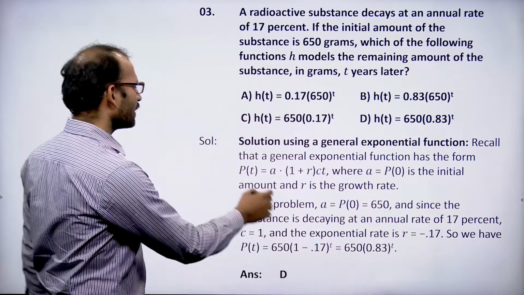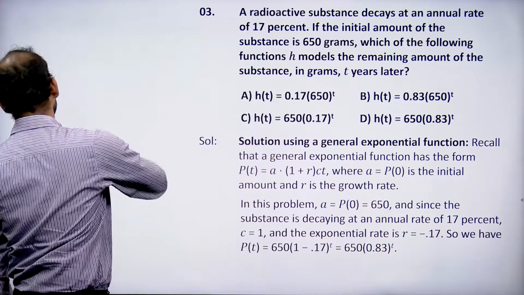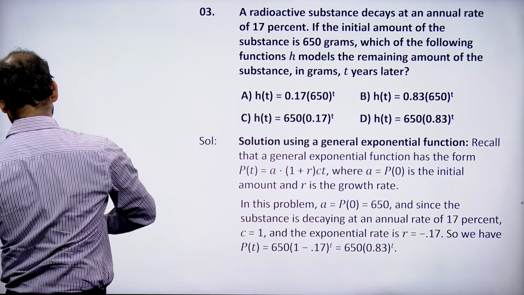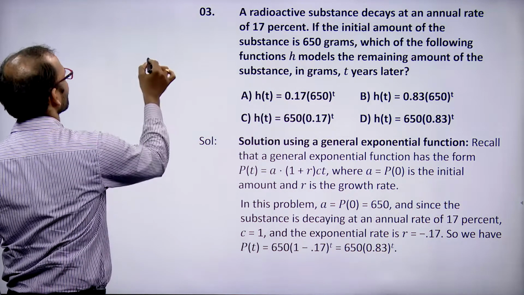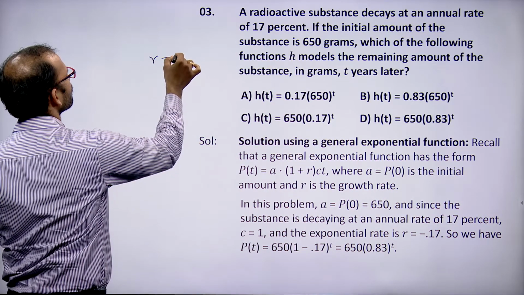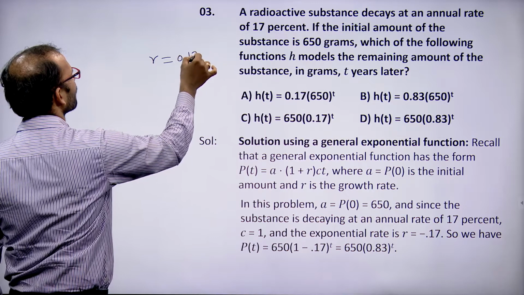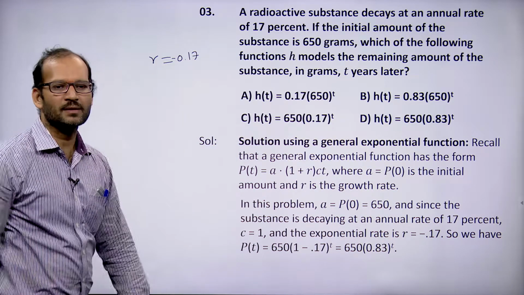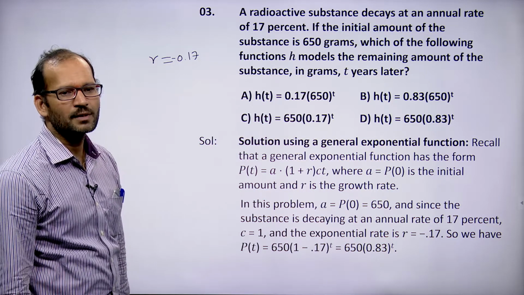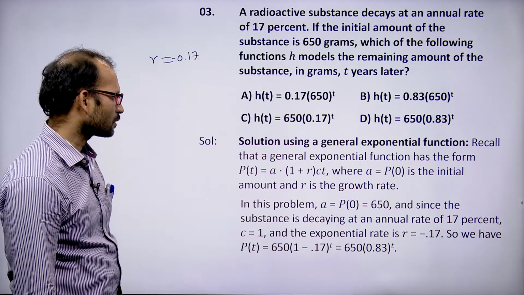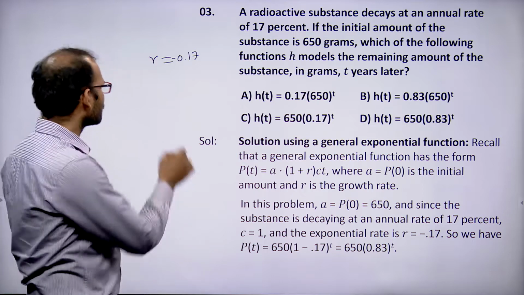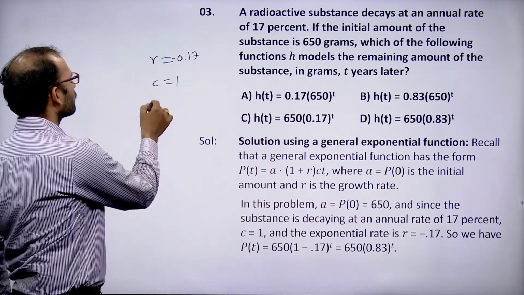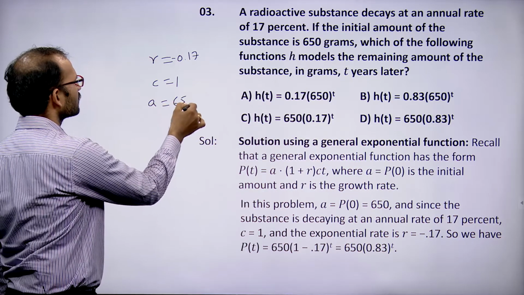So R equal to 0.17, because it is reducing, R equal to minus 0.17. So minus 0.17 is the exponential rate, C is 1, and A equal to 650, the initial substance.